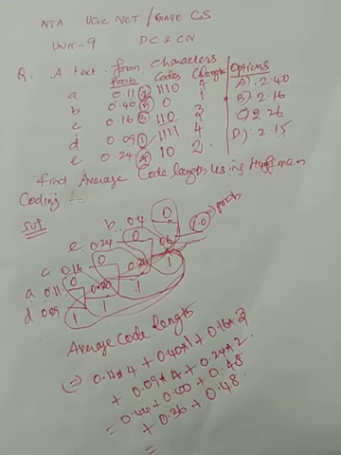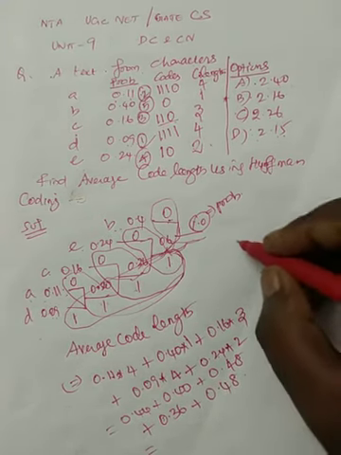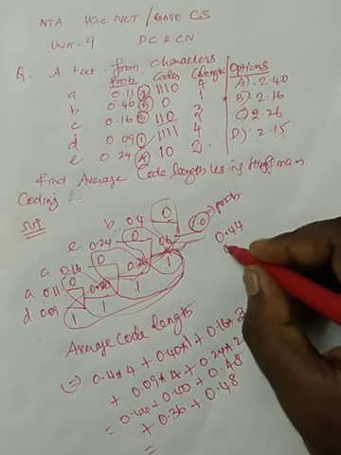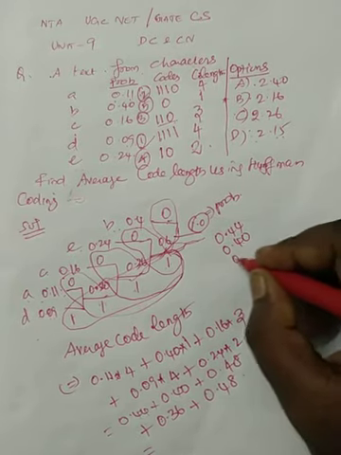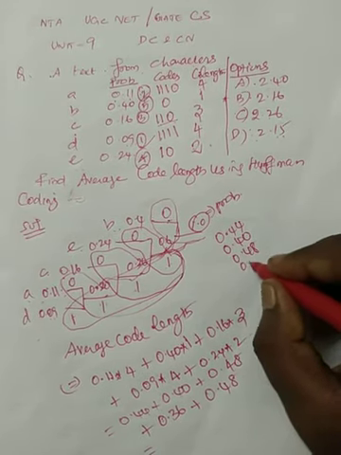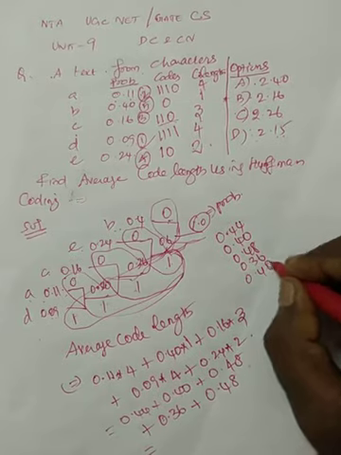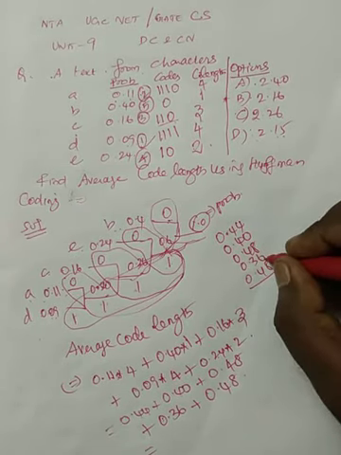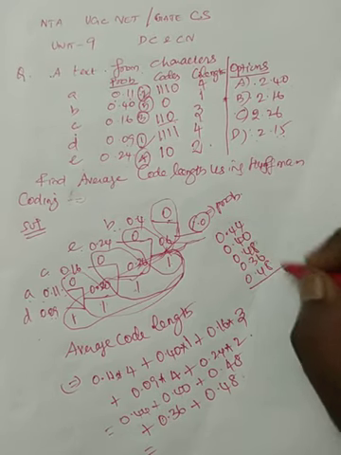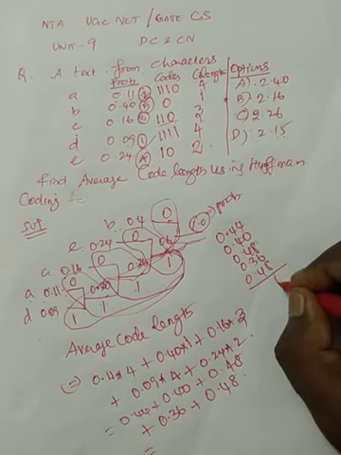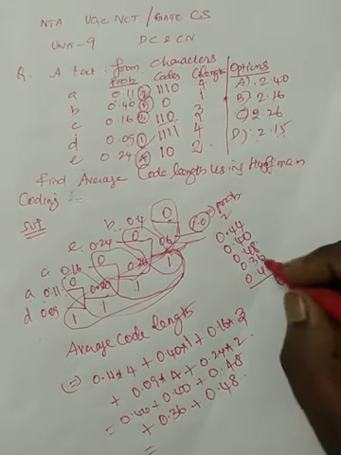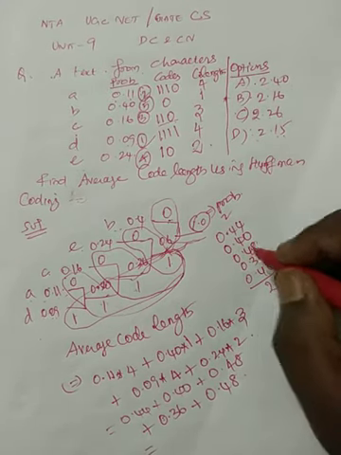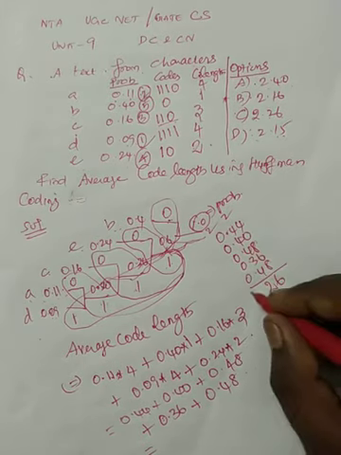If you add all the things, you get 0.44, 0.40, 0.48, 0.36, 0.48.